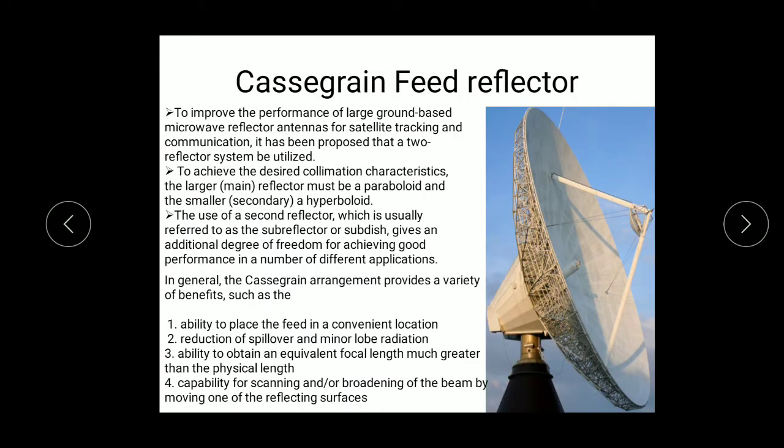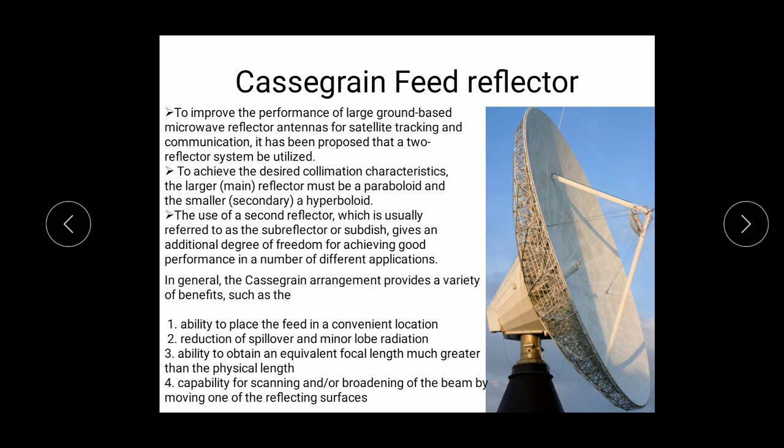Now we discuss the Cassegrain feed reflector. Basically, this is the Cassegrain reflector antenna, but in this case we have two reflectors. First is the primary reflector, second is the secondary reflector.